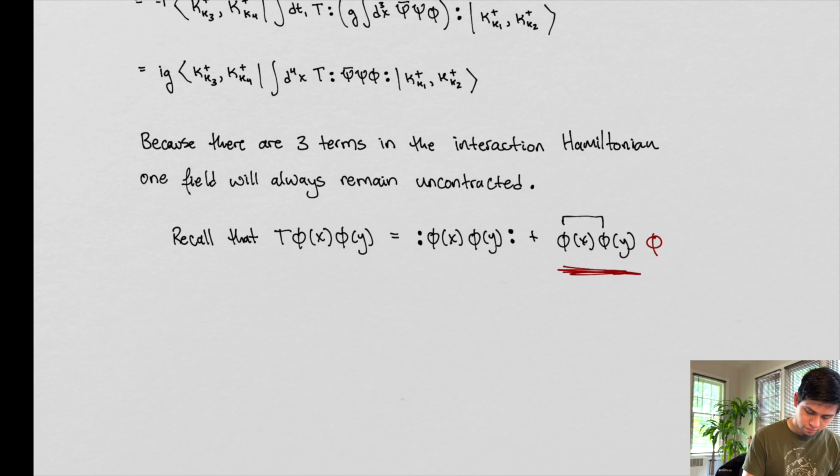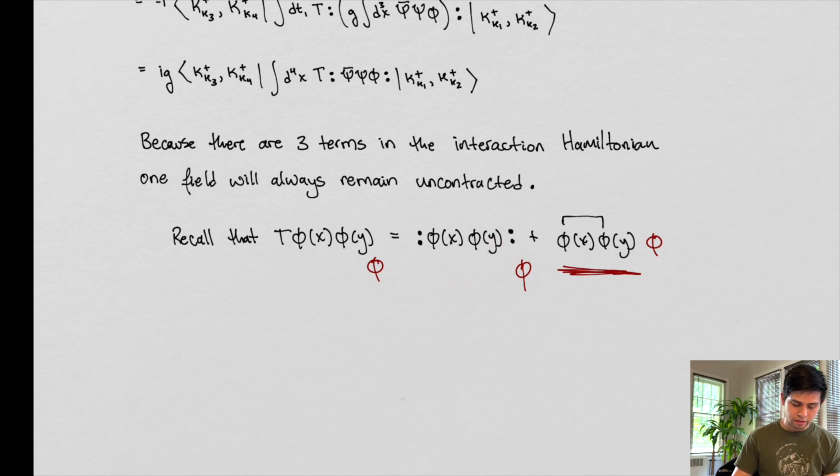We're going to have another field out here and another field out here. But if we have another field right here, then this guy is going to make everything go to zero, because everything normal ordered is going to go to zero.